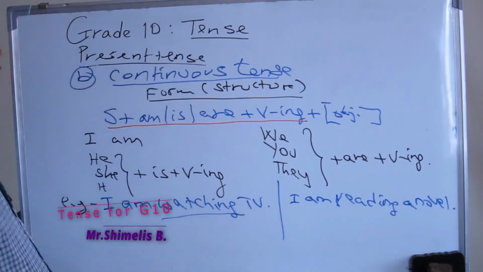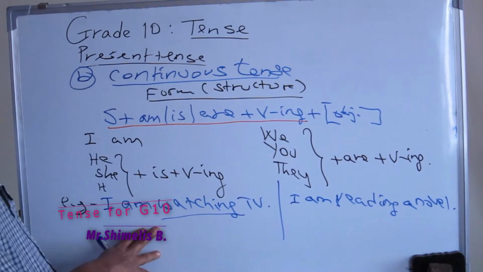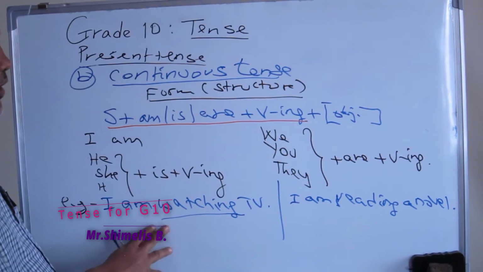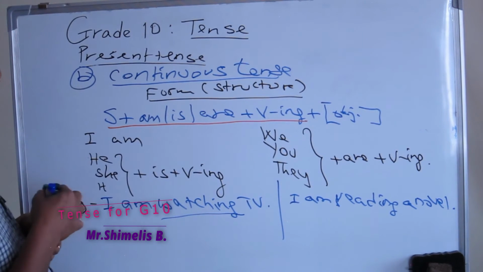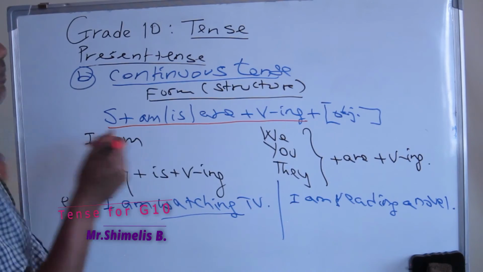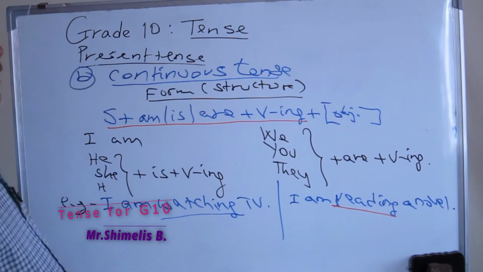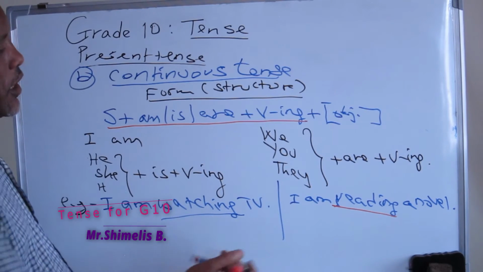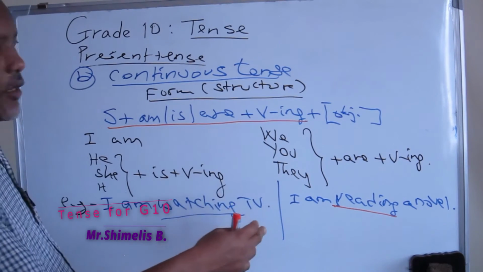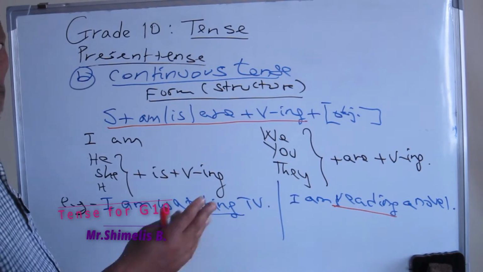Now compare these two sentences. The first action is an action which is taking place as we speak. But the second action, reading, is not necessarily happening as we speak about it, but it is an action which is already in progress, already in motion. The person might be on chapter 2 or chapter 4.